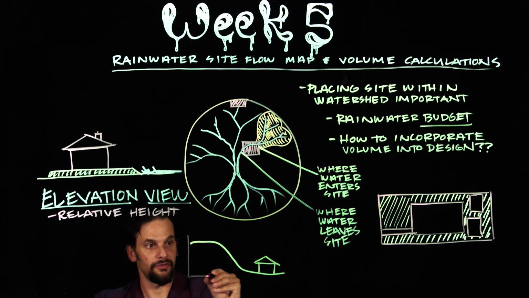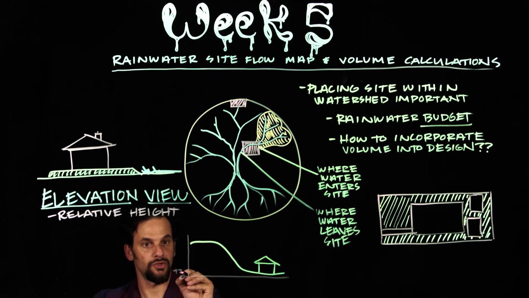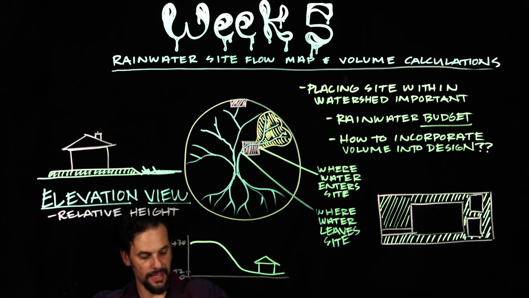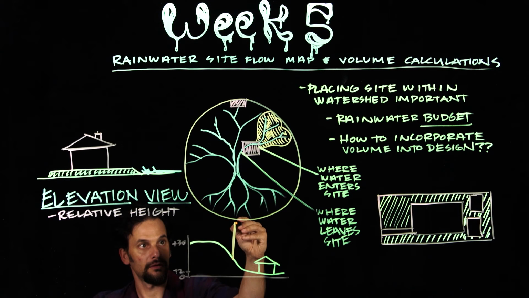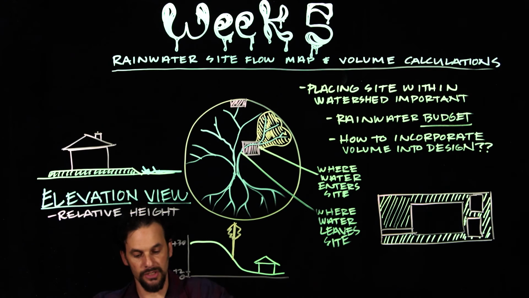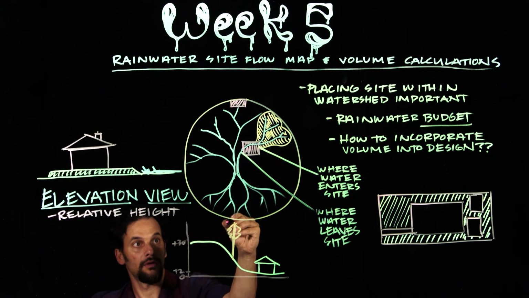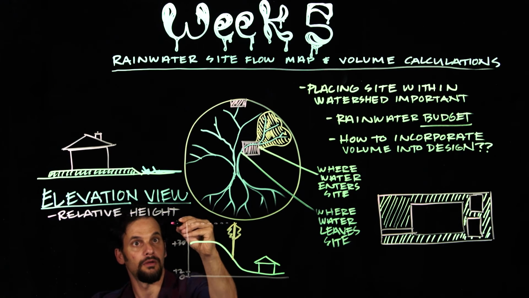When we look at our elevation view, we might see if this is 0, this is +2, this may be +30, and then if we have a tree, we may see that the tree comes up to +50.